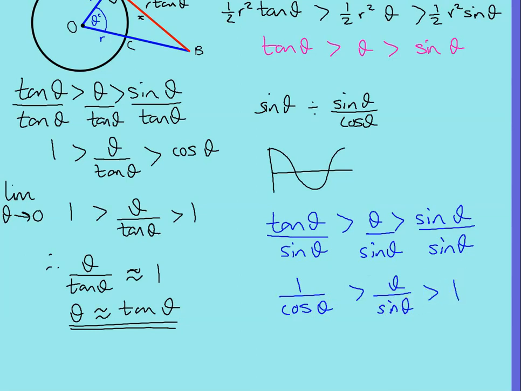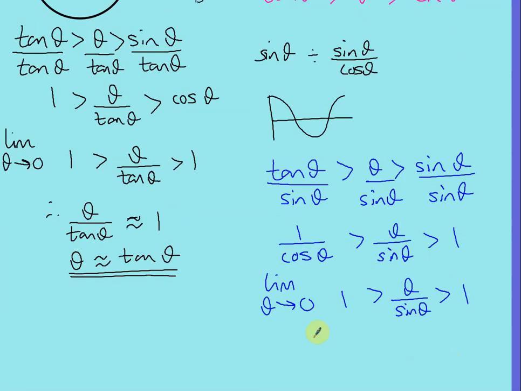Okay, so let's do the same thing again. So if we look at the limitations when theta tends towards 0, so when this angle is getting towards 0, we've got cos theta is going to be 1, so 1 divided by 1 is 1, and that's greater than theta over sine theta. So we have that same situation again.